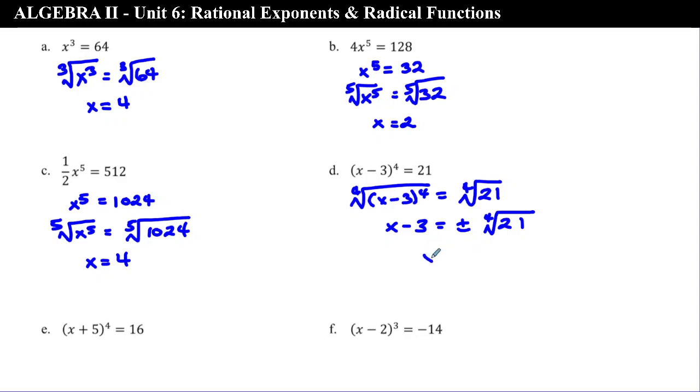So you'll need to put that in your calculator, along with adding 3 or subtracting it from 3, because when we pull 3 to the other side, you end up with 3 plus or minus the fourth root of 21. This is your exact answer. If you put it into your calculator, you can get an approximate answer. x equals, and remember, you're going to have 2 answers, 0.86 or 5.14.